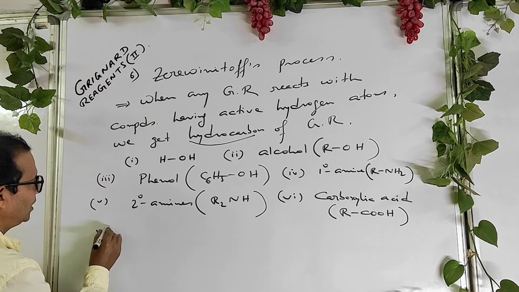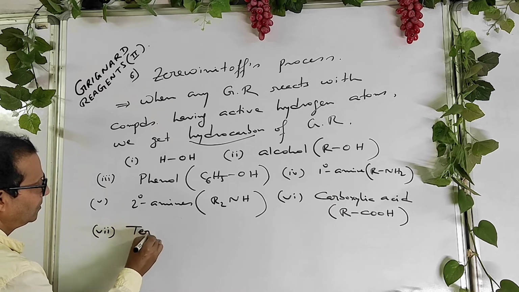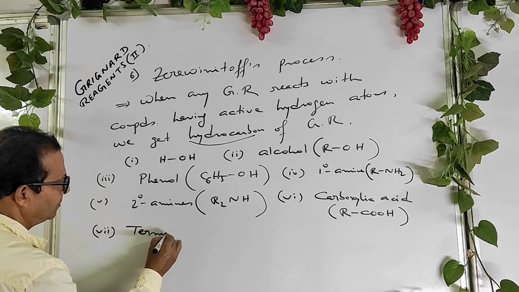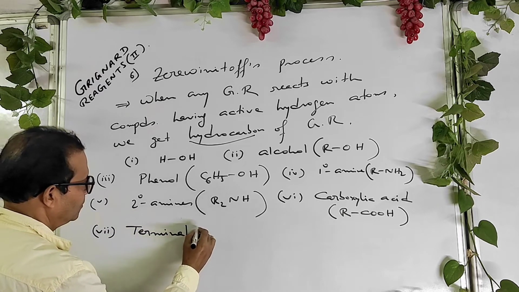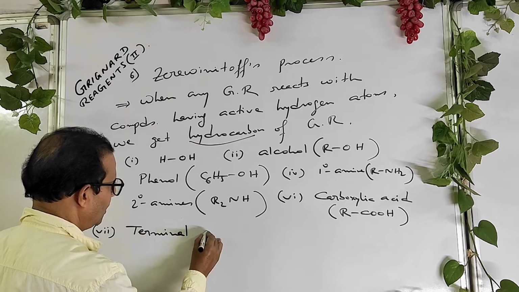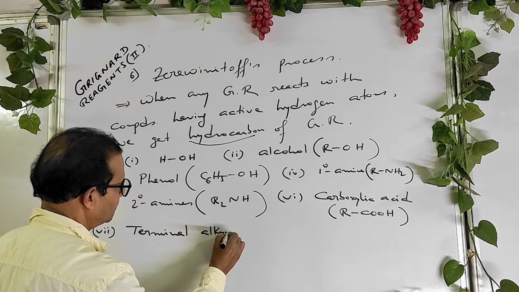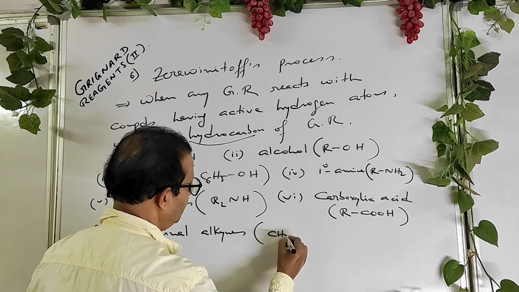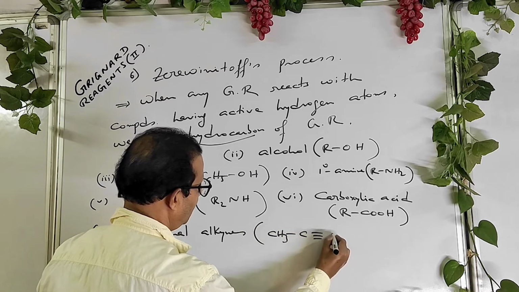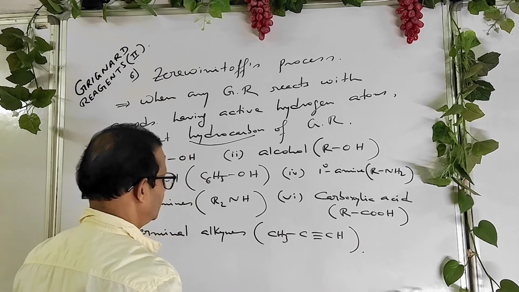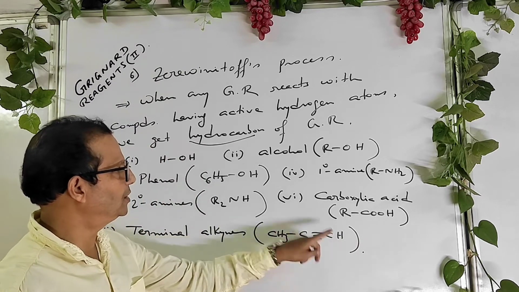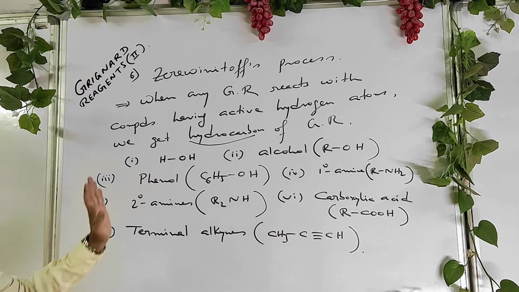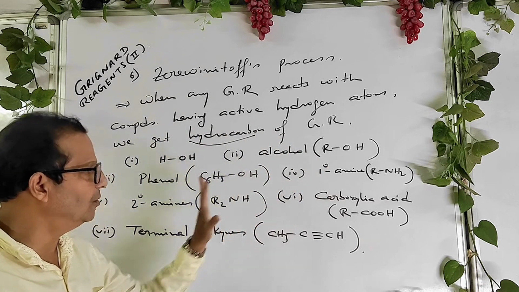Another compound is called terminal alkynes, such as CH3, C triple bond CH. This is the active hydrogen.